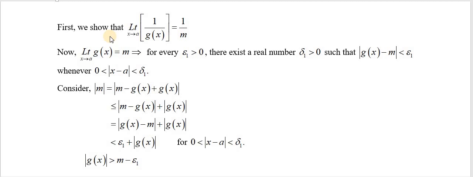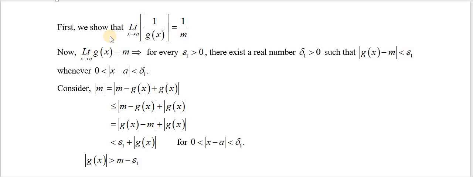For every epsilon 1 greater than 0, there exists a real number delta 1 greater than 0. Whatever values you take here are compulsorily greater than 0, such that modulus of g of x minus m is less than epsilon 1, for modulus of x minus a less than delta 1. Consider mod m.